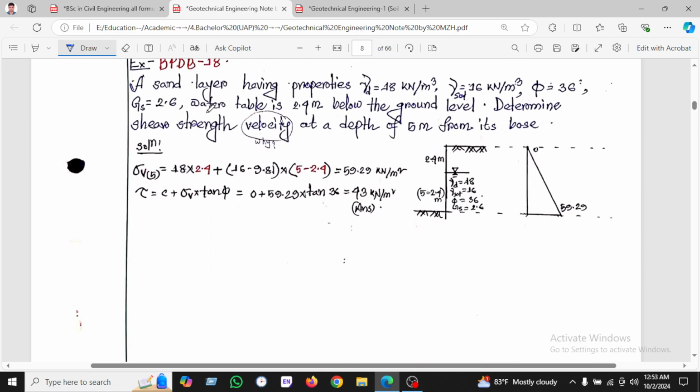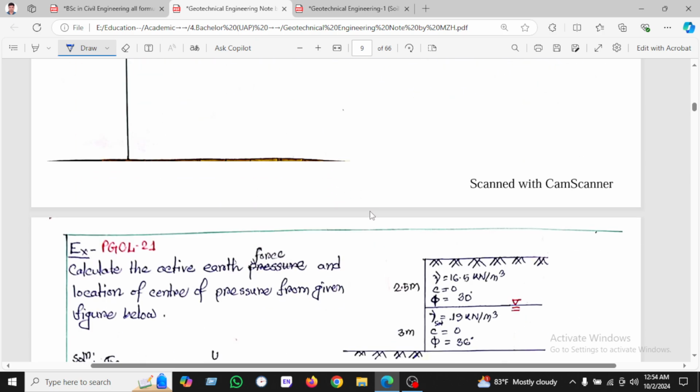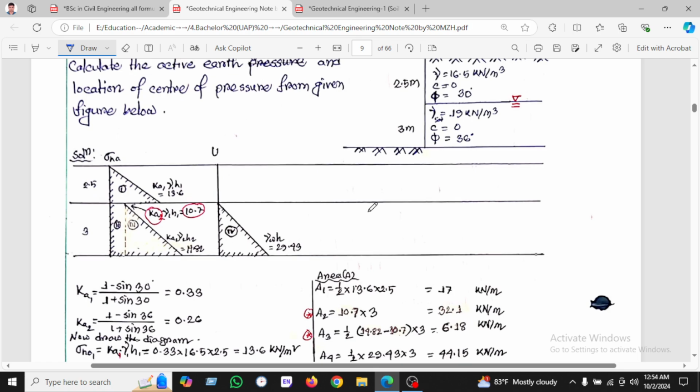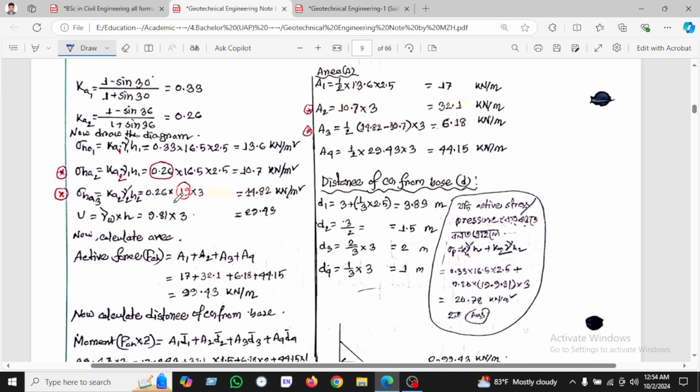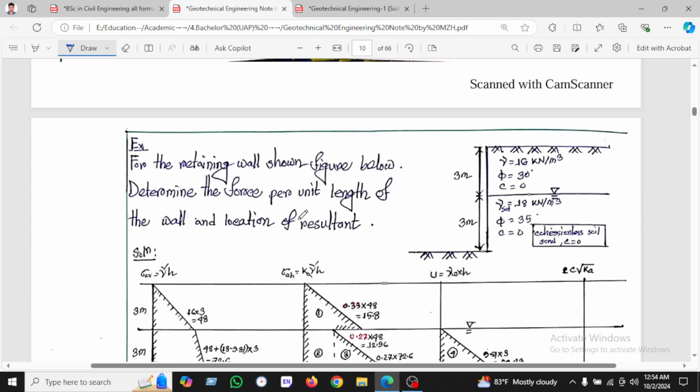So another example, you can see the soil layer is having perpendicular, all the data given here, and vertical is there, and tau equal to 2 C root over tan phi, and found the soil stress also. So here I calculate the earth pressure and location of the activation in this condition, and we can use this formula also, we have already said.